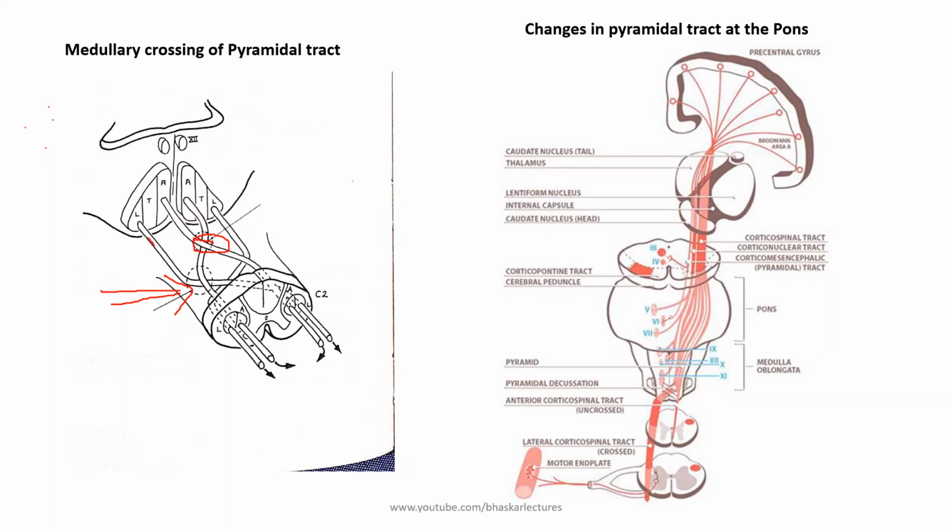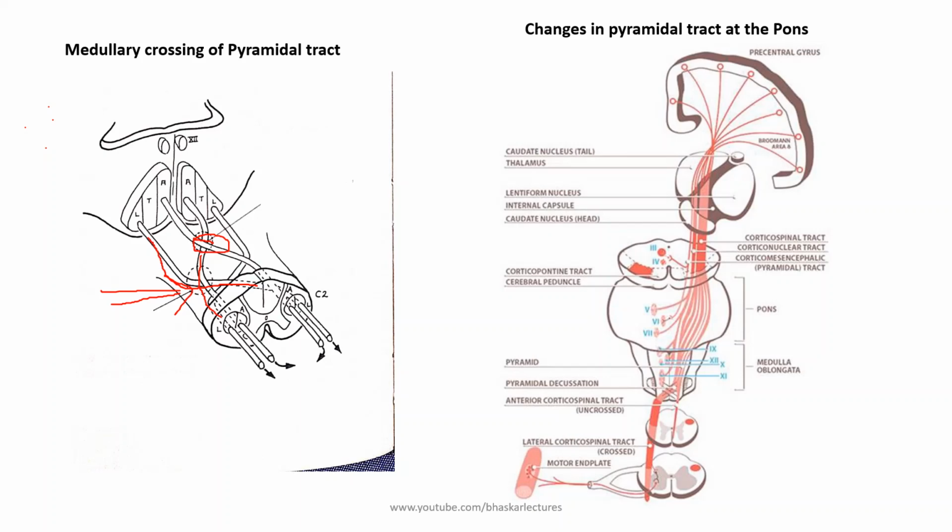So this fiber coming on the right side, the right lower limb fibers, actually goes to the left lower limb. Here you have the upper limb fiber coming from the left side, which actually comes to the right side. So it crosses over. So what happens?